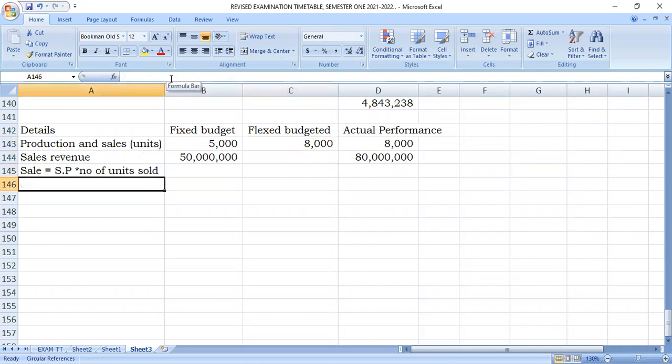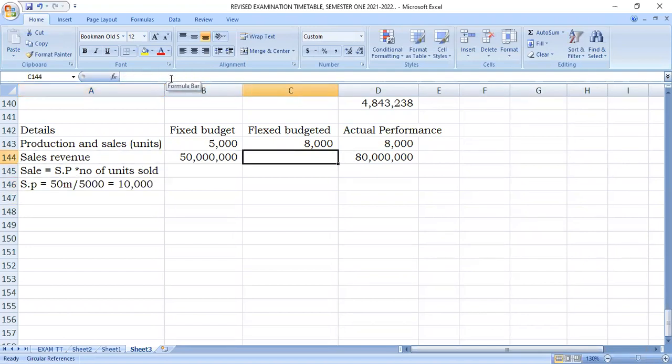So the selling price is equal to sales, which is 50M, divided by the number of units, which is 5,000, which will be equal to 10,000. That is the selling price, meaning that at our level of 8,000, it can only be the 10,000, which is the selling price, times the number of units that you're producing, which is 8,000 in this case. So by doing this, you're flexing the budget.